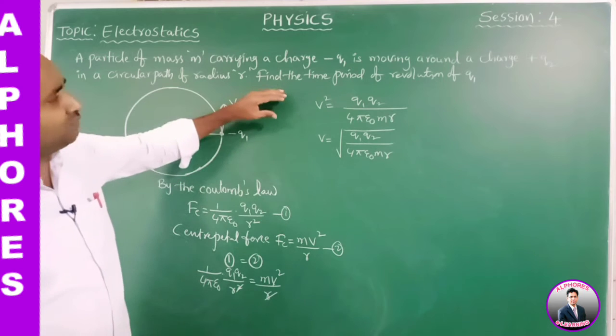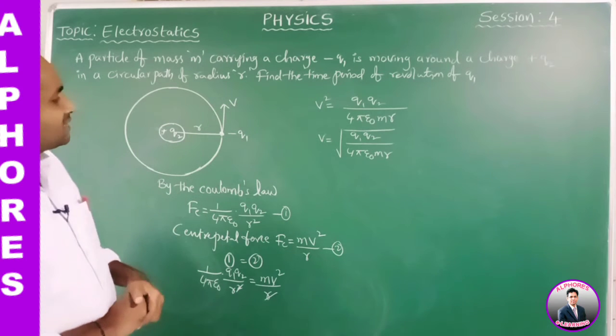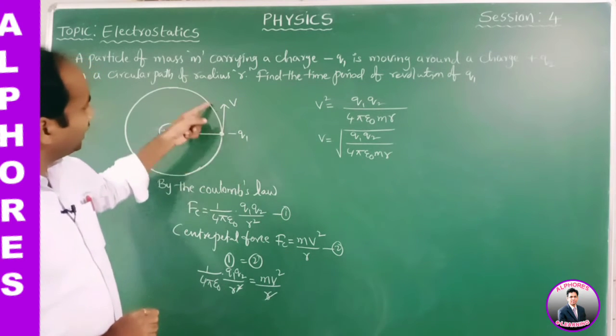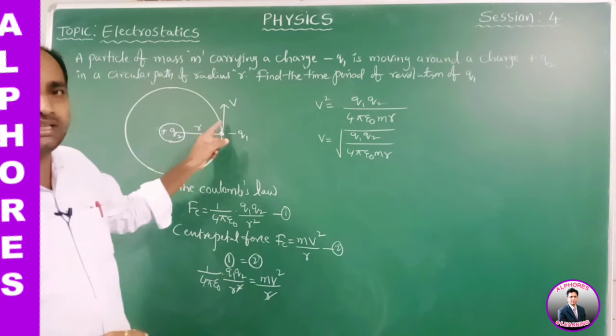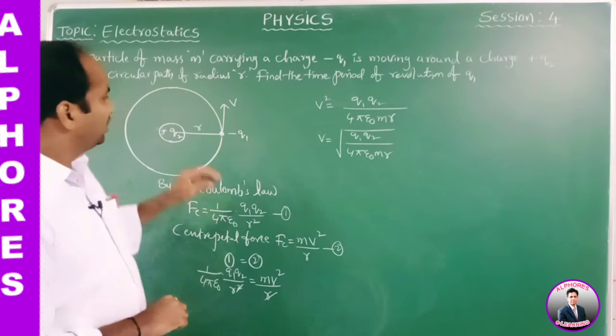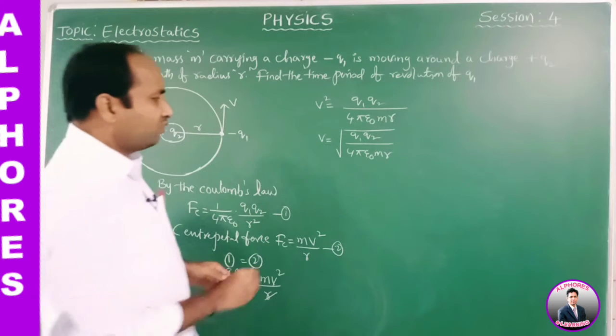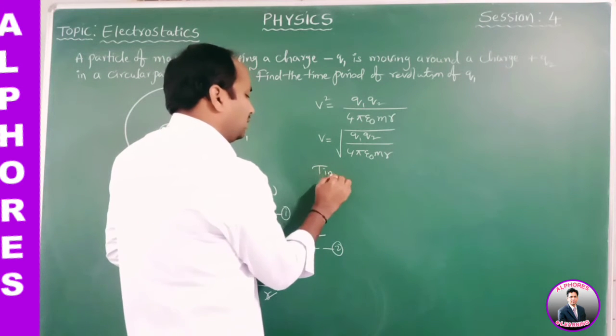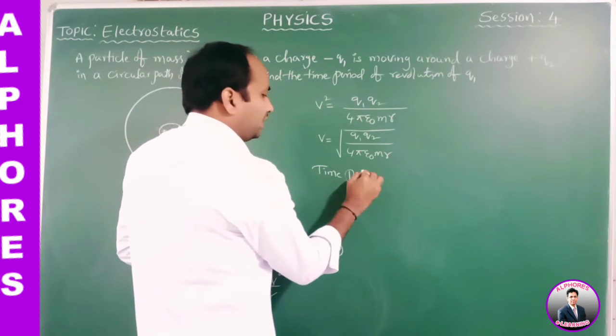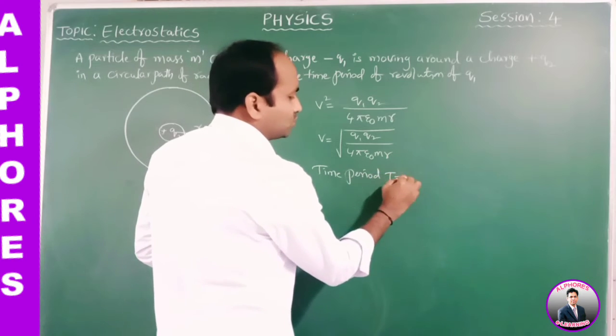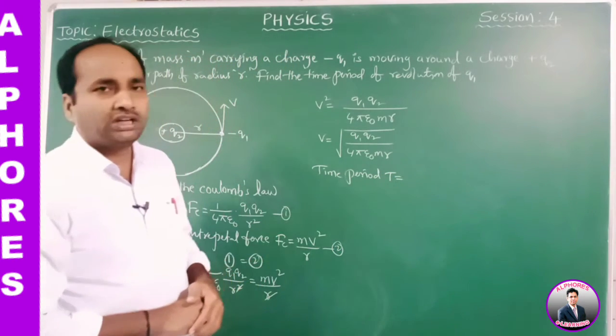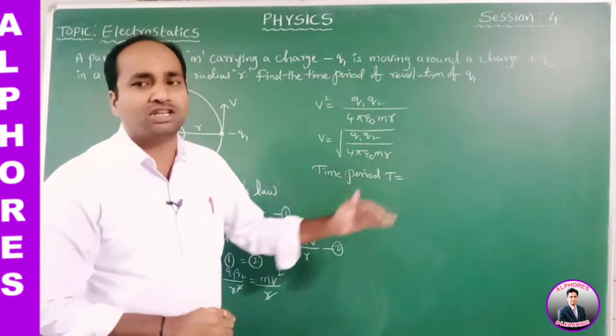But here we should find the time period. The time taken to complete one rotation is called the time period. Time period capital T is equal to, in general, time is distance by speed.